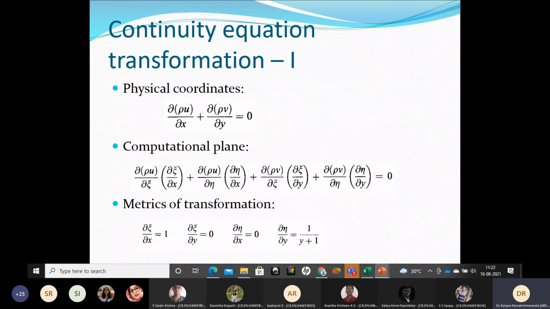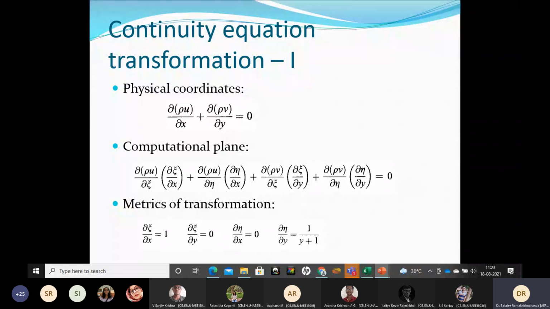Dou of rho u by dou x plus dou of rho v by dou y is 0. We make use of the chain rule here. The same equation expressed in the computational plane becomes dou of rho u by dou z into dou z by dou x plus dou of rho u by dou eta into dou eta by dou x, first term.